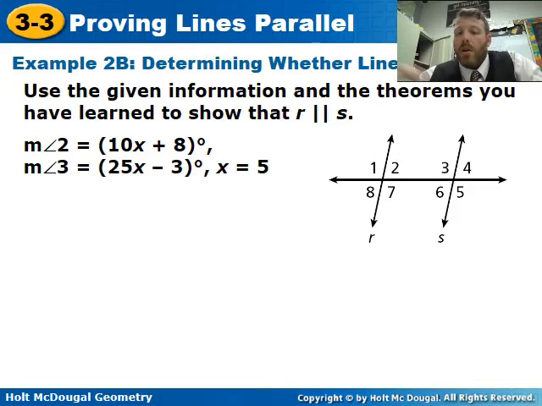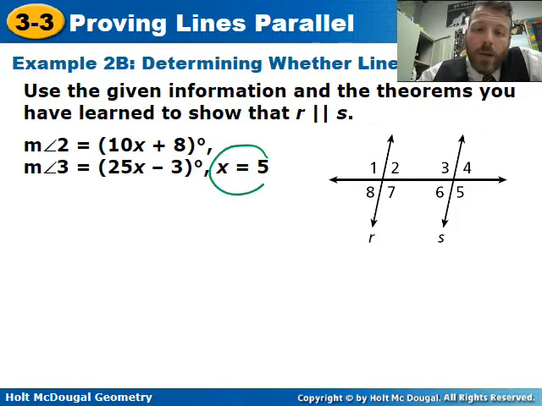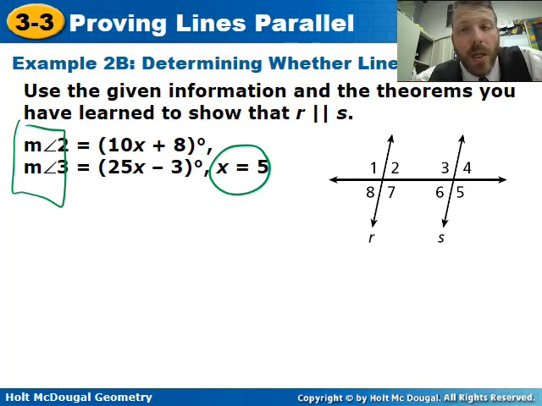Okay, so we're going to try to do the same thing. We know X, okay, but before we do anything, we want to identify what types of angles these are. Type does not mean acute or obtuse. Type means alternate exterior, alternate interior, same side, corresponding, something like that. So when I take a look at this, 2 is right here and 3 is right here.